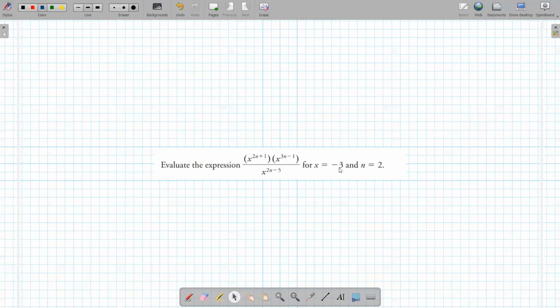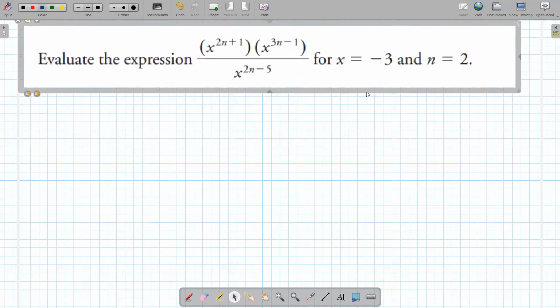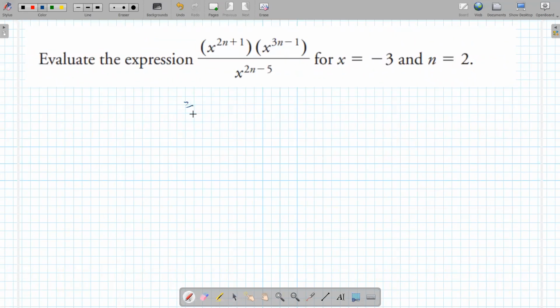What about this one? Let's first clean this up and then we'll throw the numbers in there. What would be the first step? How do you clean up the x's? You multiply.